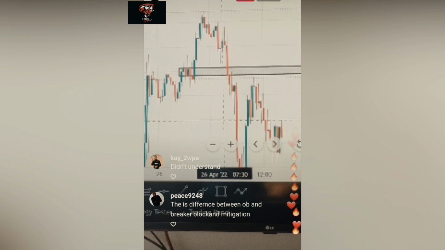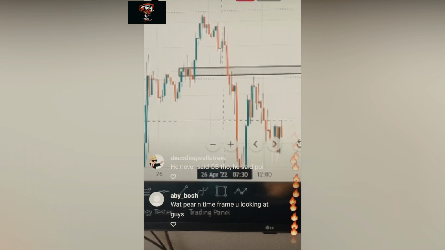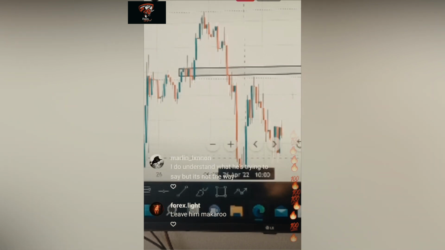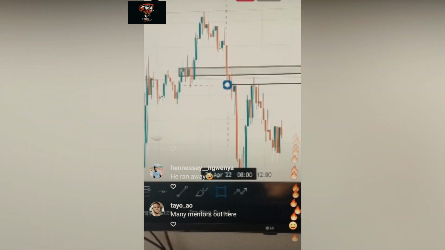How do I identify an OB? There needs to be an imbalance between the three candles. So for me, an OB is candles that sit like this at a level.